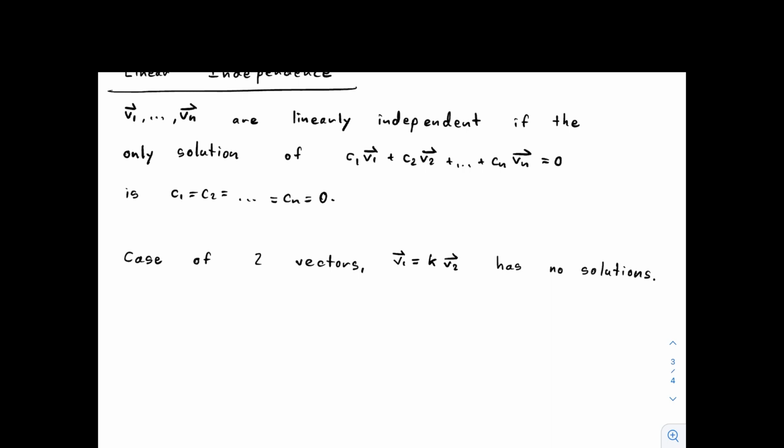In the case of two vectors, you can think about it as, is one vector a scalar multiple of the other vector?